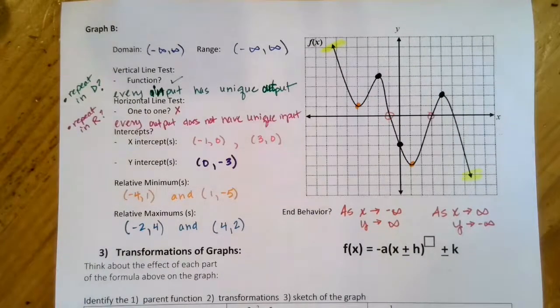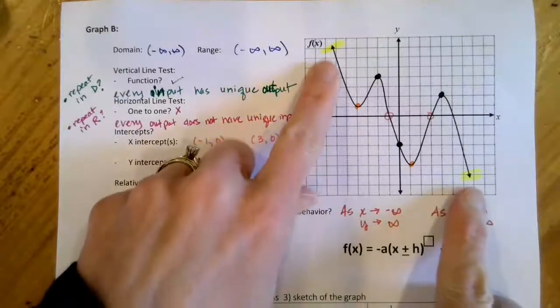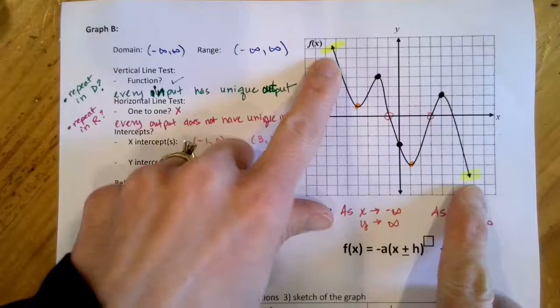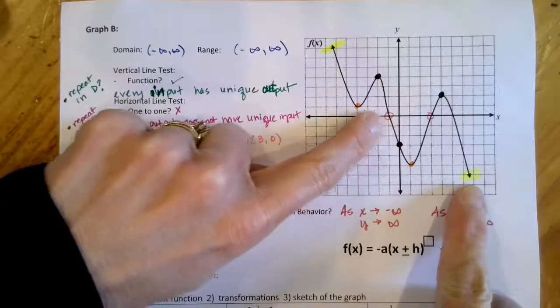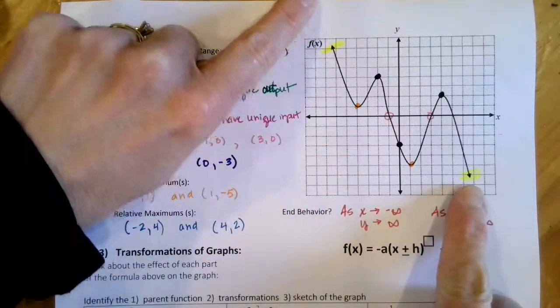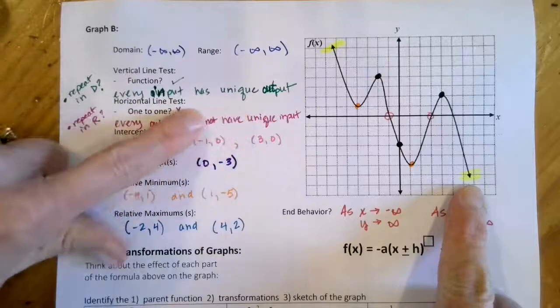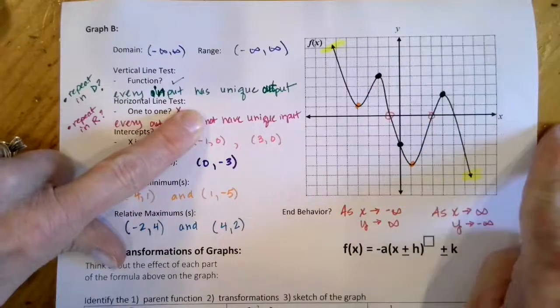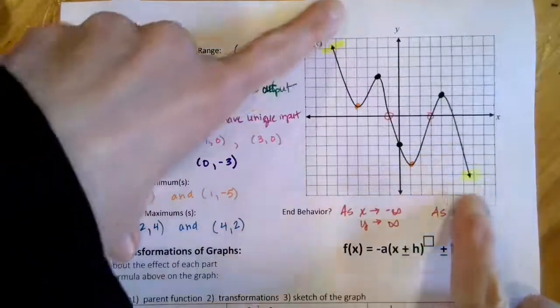All right, let's see how we did. So what those arrows mean is that the domain and the range continue on forever and ever in each direction. So by having these arrows, that means that I'm going to have possible x values forever and ever in a negative and in a positive sense. The same with my output values.